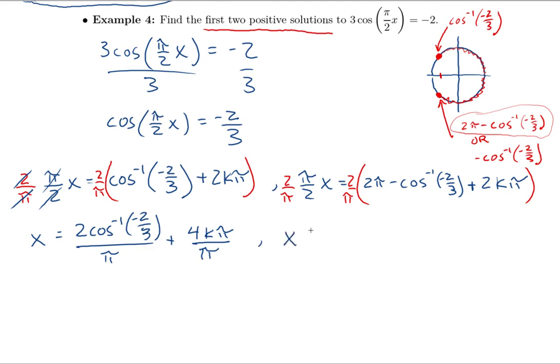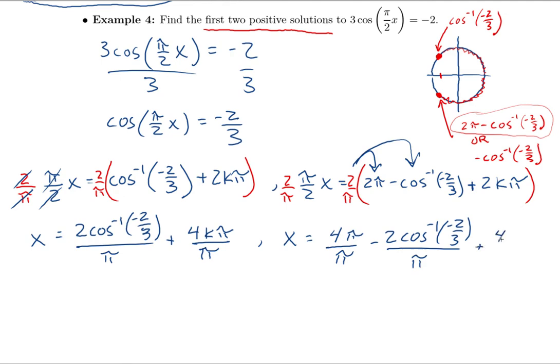And then over here, x is equal to 4 pi over pi when I distribute this to that, and then minus 2 cosine inverse of negative 2/3 over pi, and then plus 4k pi over pi. And then some nice canceling can occur, so we can have these pi's going away here, here, and here.